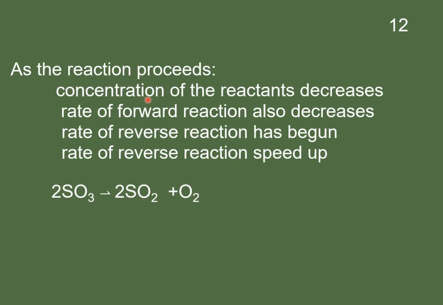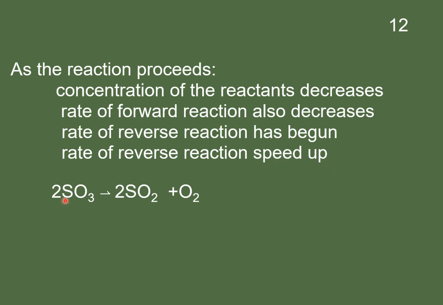As the reaction proceeds, reactants react together and form product. Therefore, the concentration of the reactant decreases and the rate of forward reaction also decreases. The reverse reaction has begun, so the rate of reverse reaction speeds up.